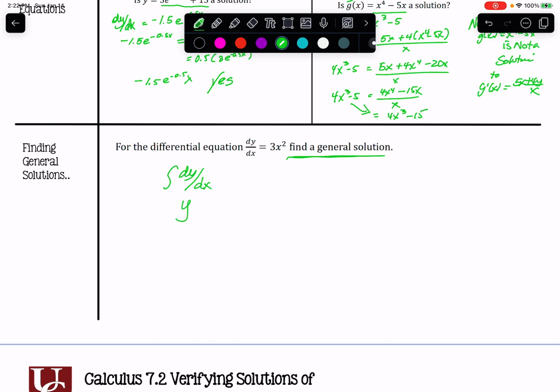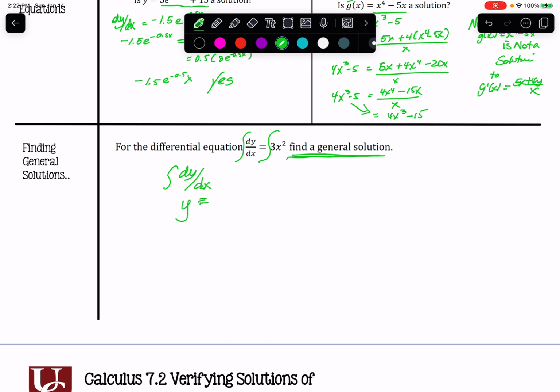So what we can do is, if we take the integral of both sides, the integral of dy dx is y, and we end up with y equals, which is what we want. A general solution should be in the form y equals.